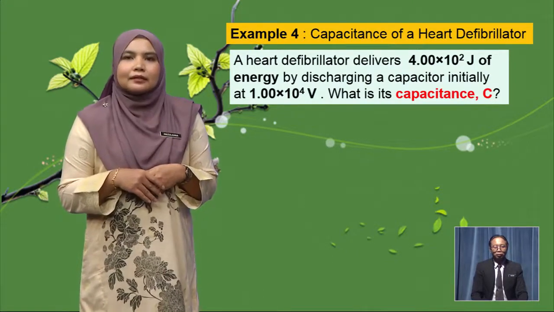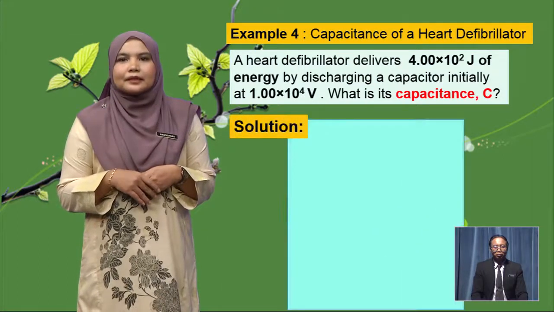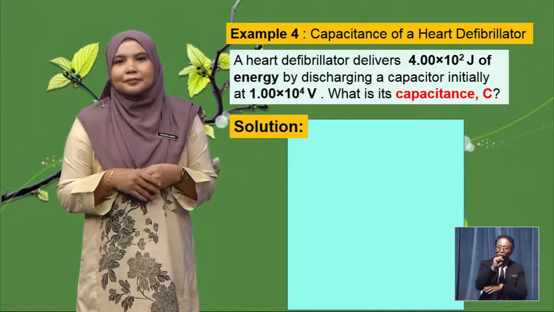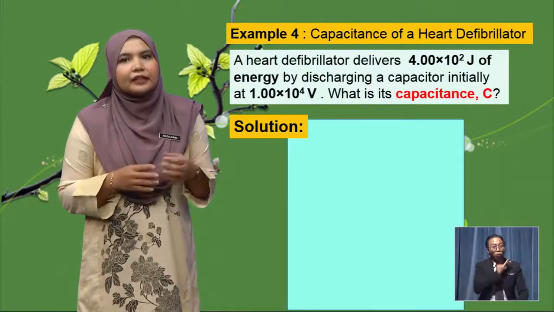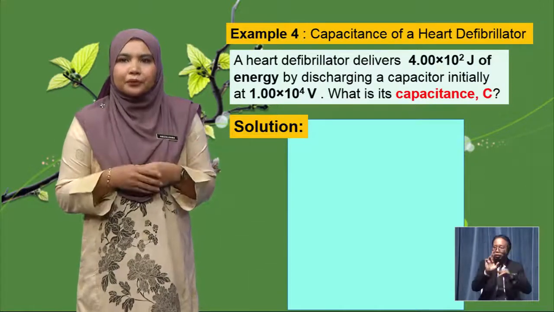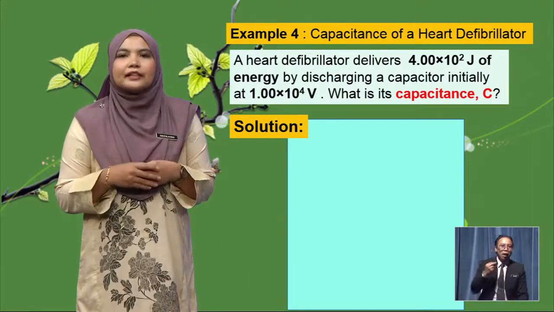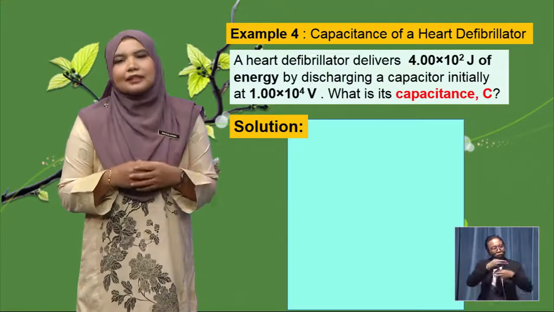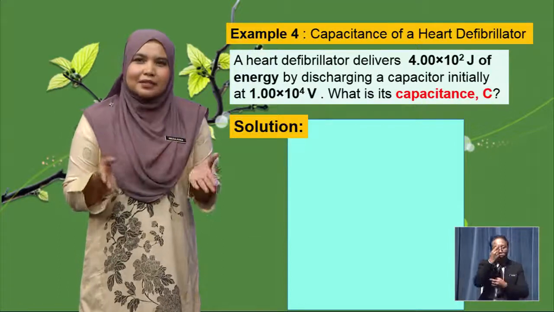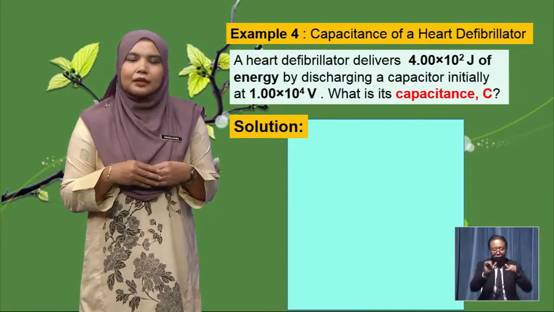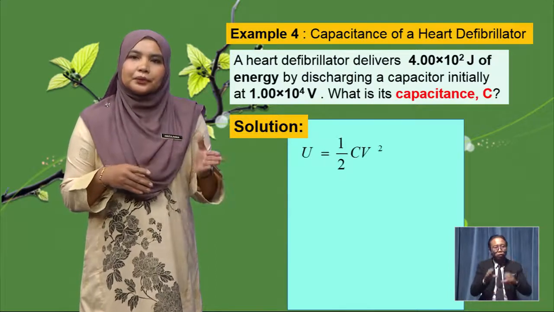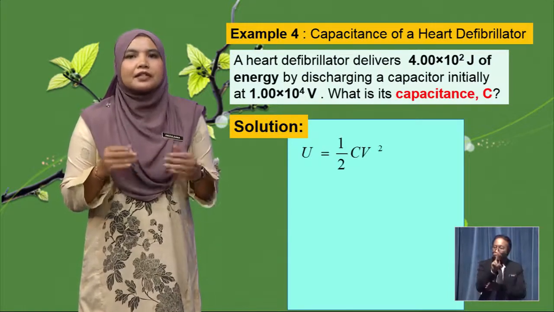Let us look at the solution. We are given the energy stored in a capacitor U and the voltage supply V, and we are asked to find the capacitance C. We use the equation U equals half CV squared.